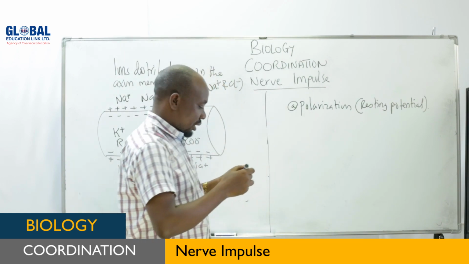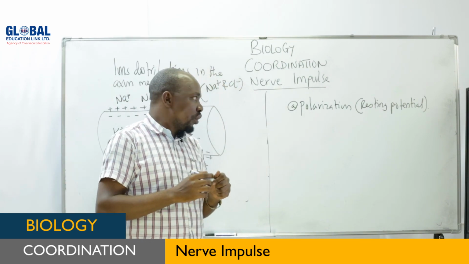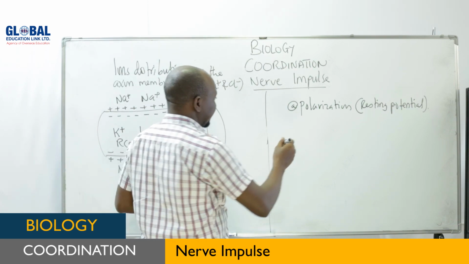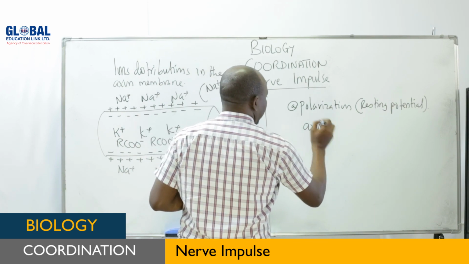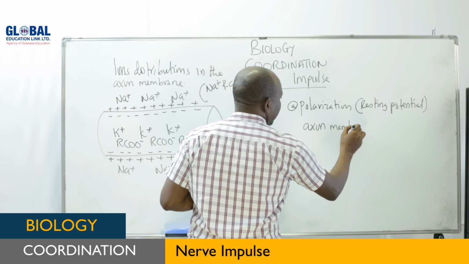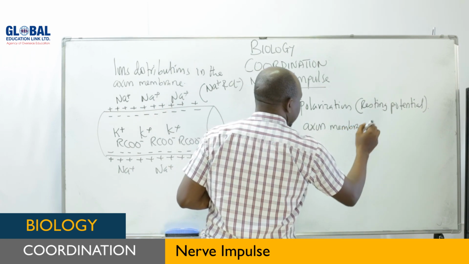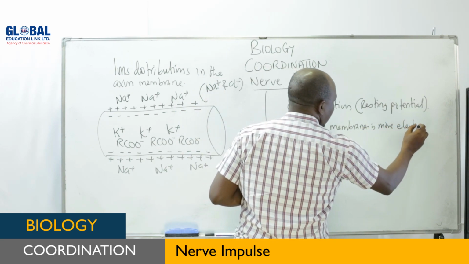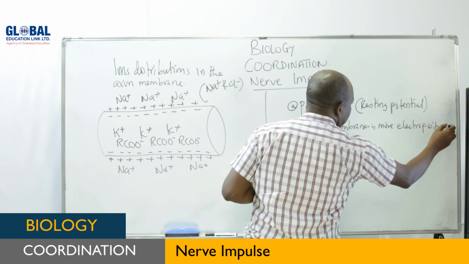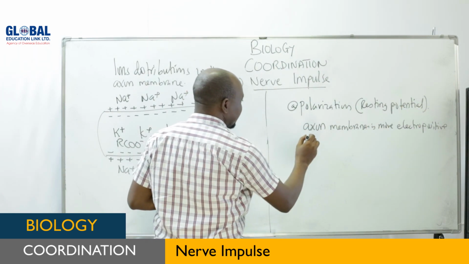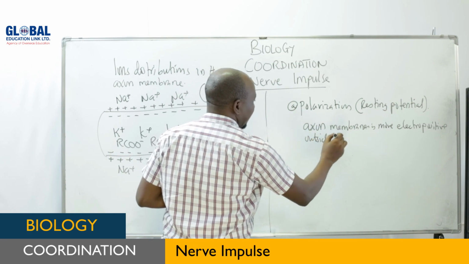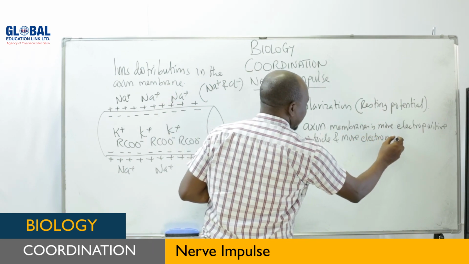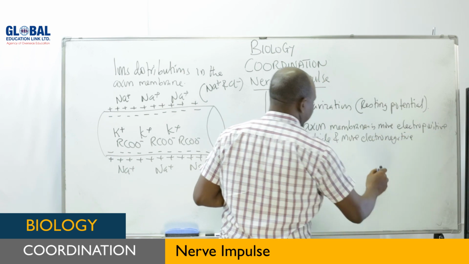Meaning that it occurs when there is no conduction of the nerve impulse, where the axon membrane is more electropositive outside and more electronegative inside.